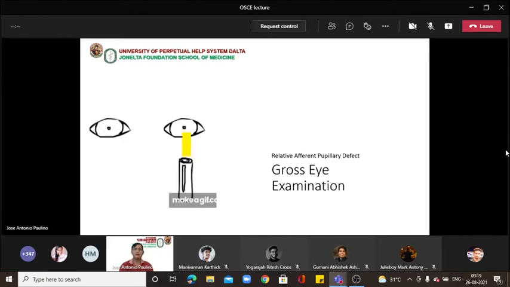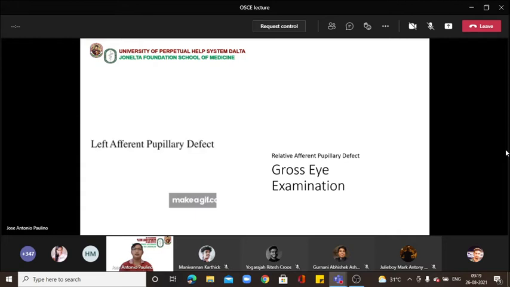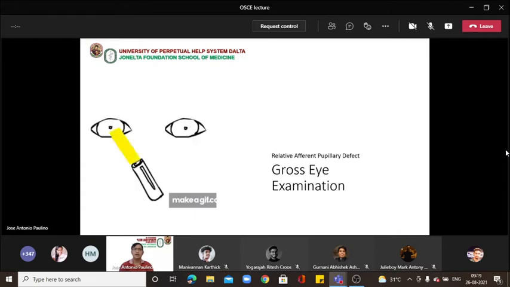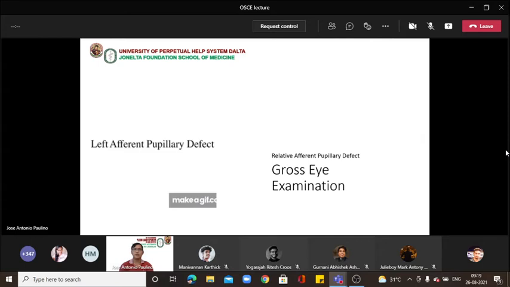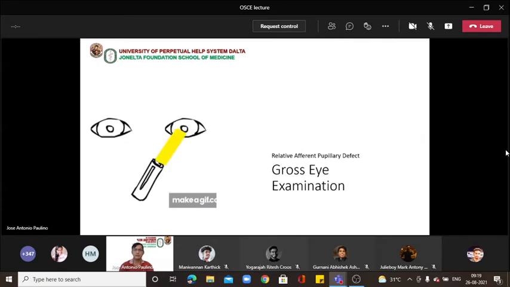However, if you see here in the animation, when light is shown at the right eye, both pupils constrict. However, when the light is swung to the left eye, both pupils dilate. That just tells us that the left optic nerve, or the afferent arm, does not perceive as much light as the right one.